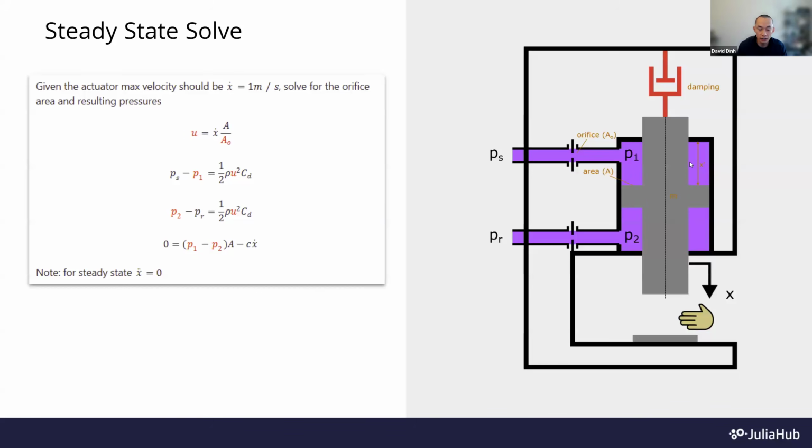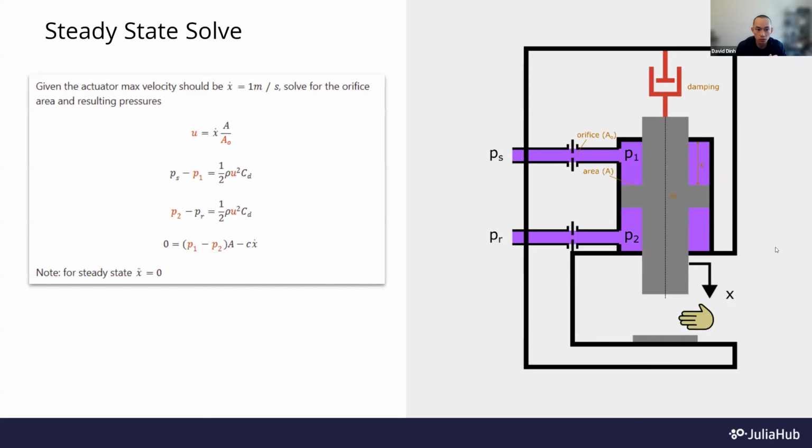What about when it fails and this thing isn't in steady state yet and it's moving down really fast? Is there any chance that we exceed 1 meter per second? Because that's actually a concern. There's a possibility that this thing overshoots 1 meter per second and then at steady state returns to 1 meter per second. So we want to make sure that's not the case. We want to make sure that it never overshoots.